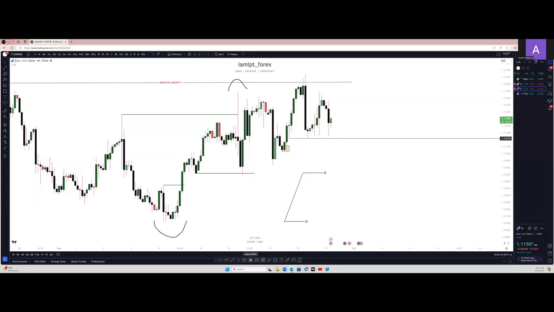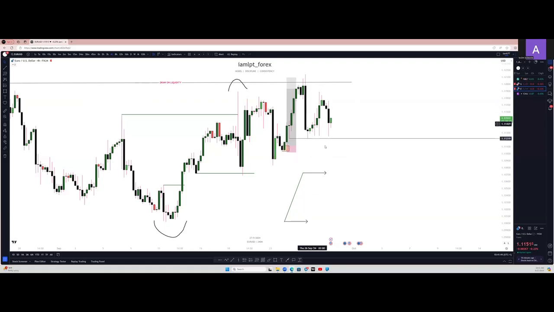So that was my entry, that order block of my entry. And we had this to the buy side liquidity.